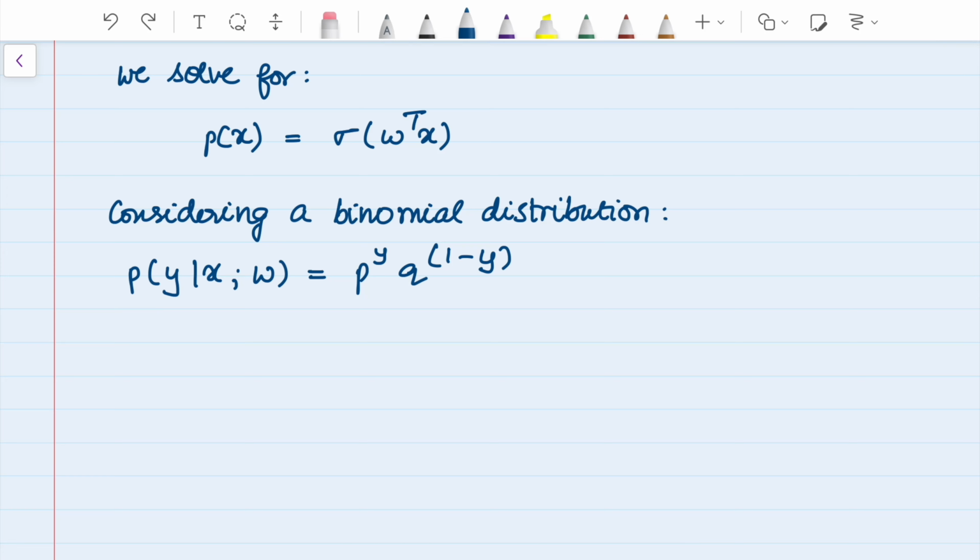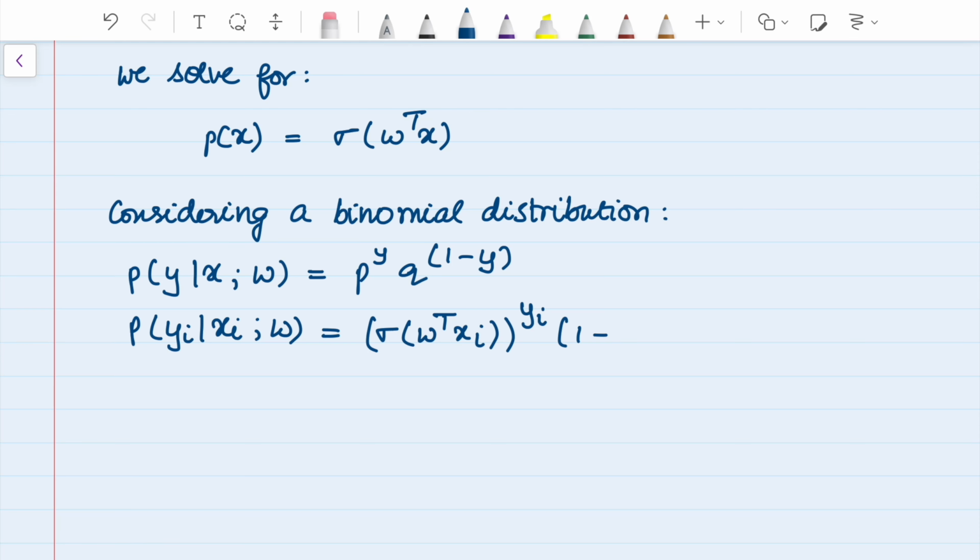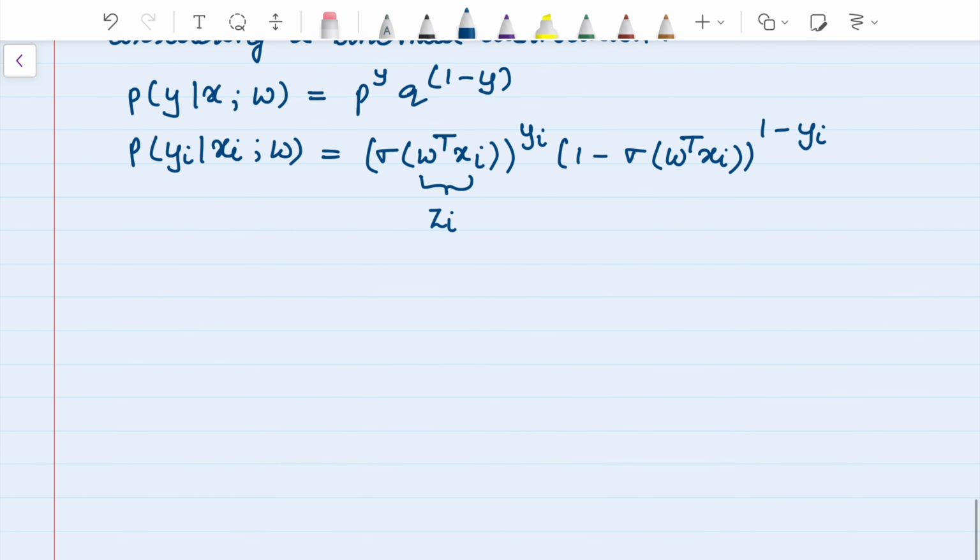And assuming a data set with points xi and yi, we can rewrite this as the probability of yi given xi and w becomes sigma(W transpose xi) to the power yi times (1 - sigma(W transpose xi)) to the power 1 - yi. Here, for notational ease, we use W transpose xi as zi.